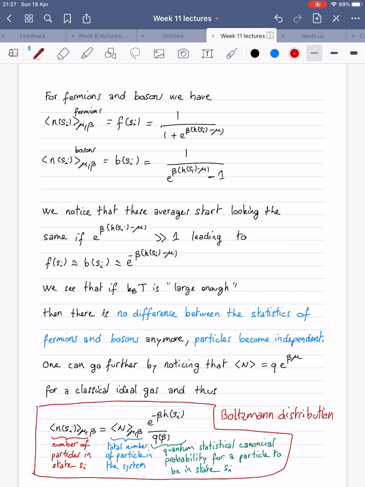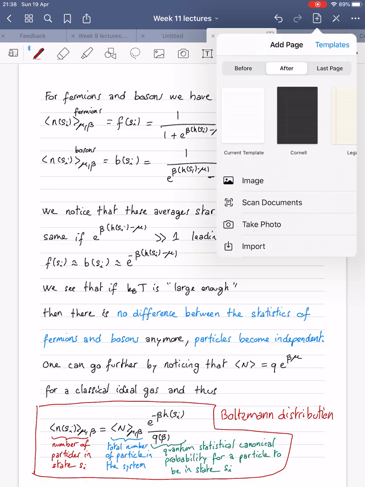So essentially, when fermion and boson population statistics tend to the Boltzmann distribution, then the gas, or the system, is said to be non-degenerate. This particular formula is heavily used in spectroscopy, for example.